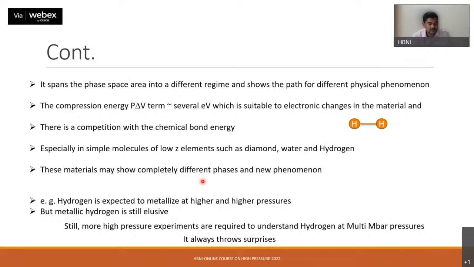So these materials may show completely different phases and new phenomena. For example, hydrogen is expected to metallize at higher and higher pressures, but metallic hydrogen is still elusive, as I told you in the last slide. So still, many more experiments are required to understand hydrogen at multi-megabar pressures.